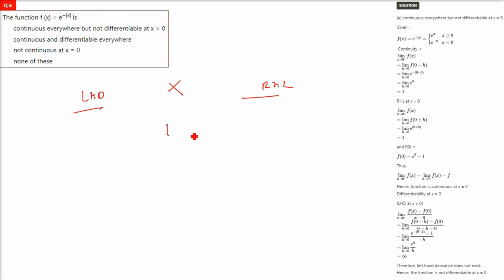So the function is not differentiable at x = 0. Though it was continuous at x = 0, it is not differentiable at x = 0. Okay. So the answer will be, it is continuous everywhere but not differentiable at x = 0. This is a solution.